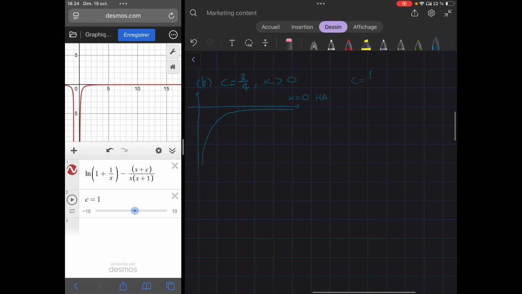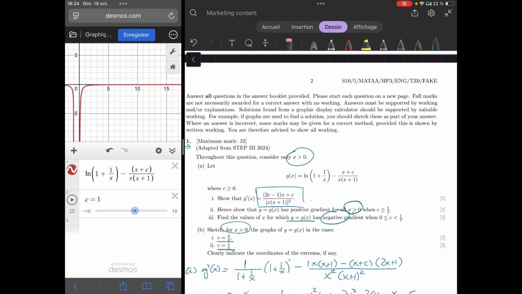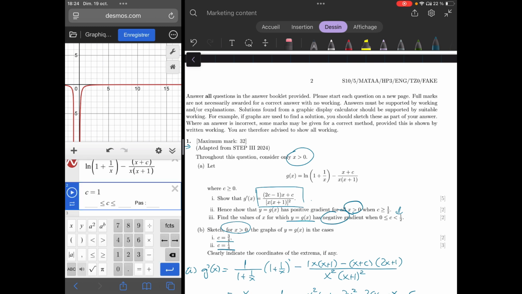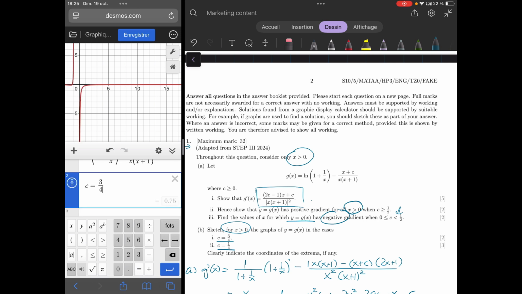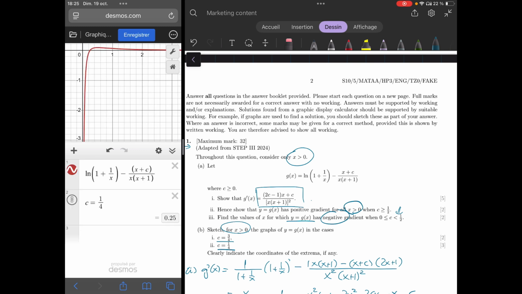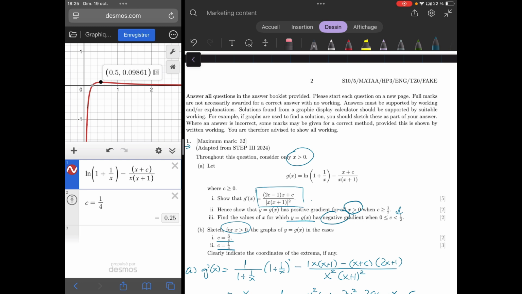If c is 1/4, based on the result that we have obtained earlier, we should expect a negative gradient for some values of x. So let's test our hypothesis. We can see that it has a local maximum when x is equal to 0.5.